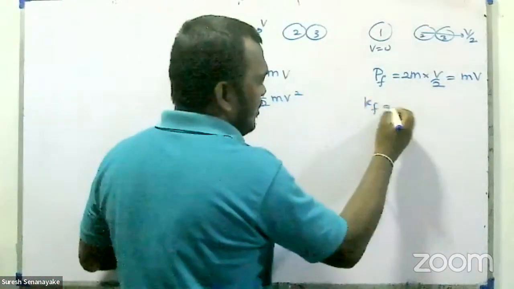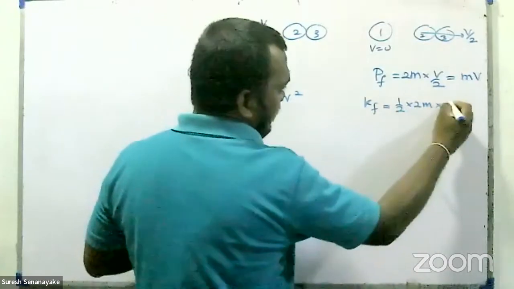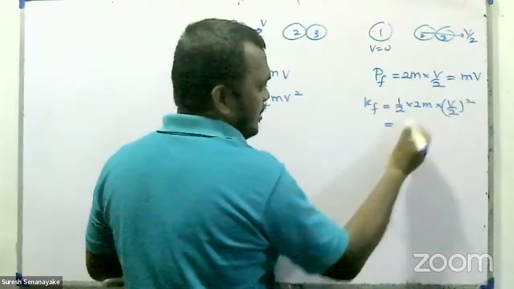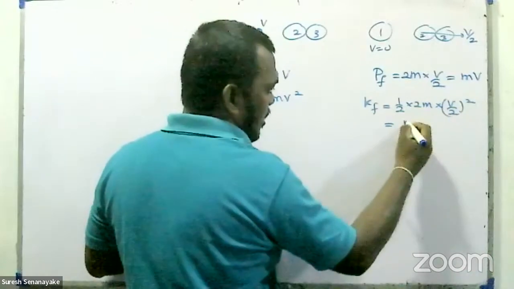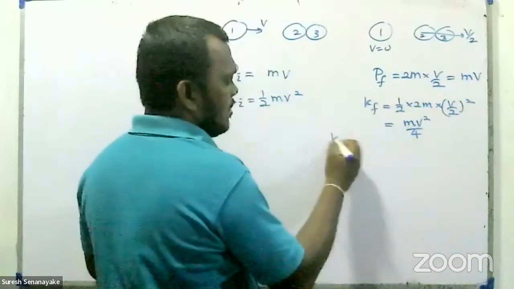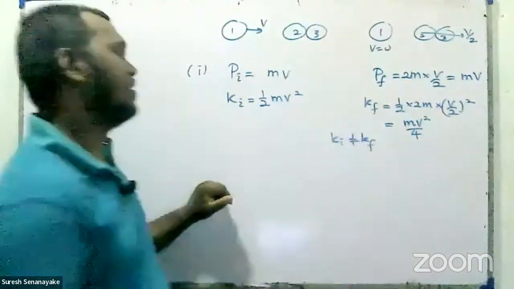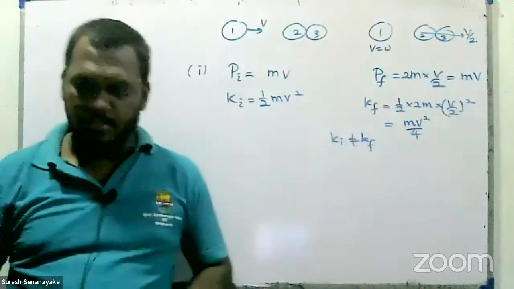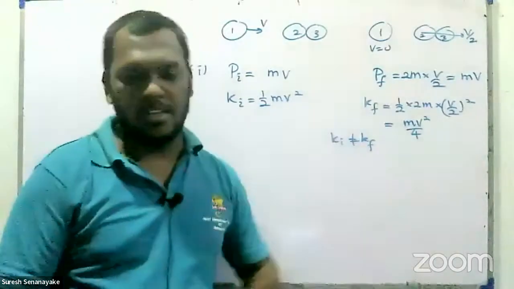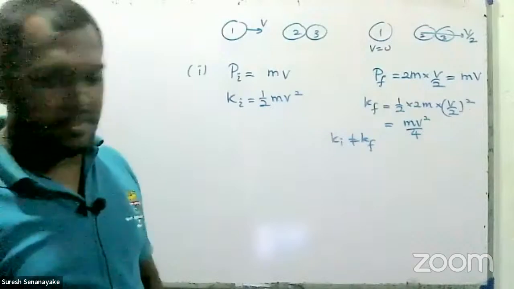The final kinetic energy is half of 2m times (v over 2) squared. So the initial kinetic energy is not equal to the final kinetic energy. Kinetic energy is not conserved, so the first case cannot happen.